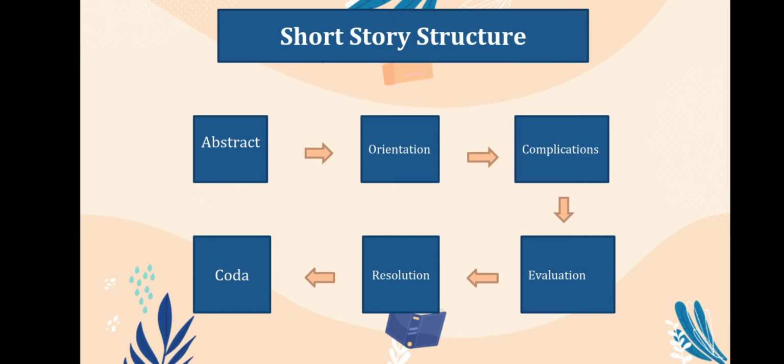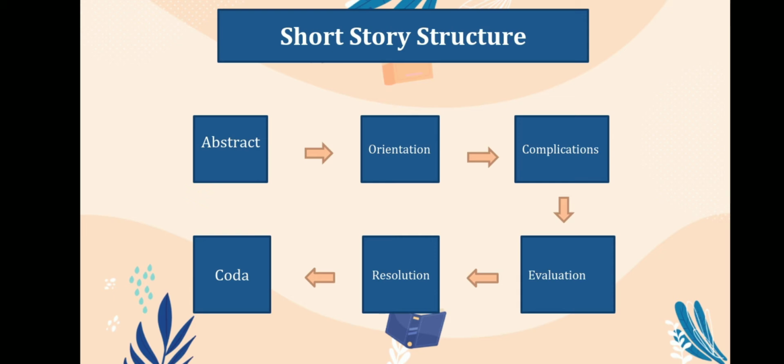Next, short story structure. A short story usually consists of several necessary structures, such as basic elements and additional abstract. This structure is very necessary when composing a short story. Here are some basic elements for building a short story. 1.